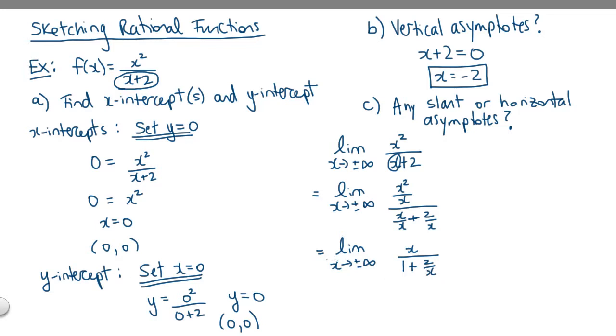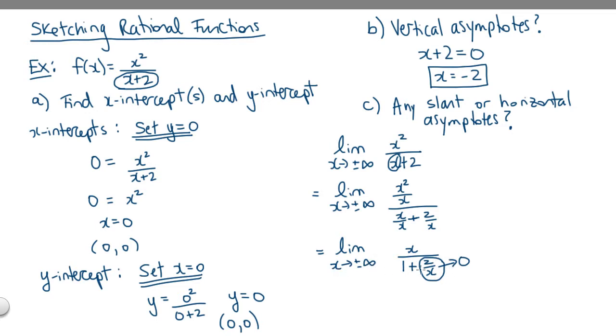Now imagine what happens as x gets really big. If you imagine x values of say 1,000,000 or 1,000,000,000, this expression, 2 over x, is going to 0. Even if you were to take very negative numbers like -1,000,000 or -1,000,000,000, this expression is getting closer and closer to 0 as x gets bigger and bigger. Whether x is positive or negative doesn't affect this.